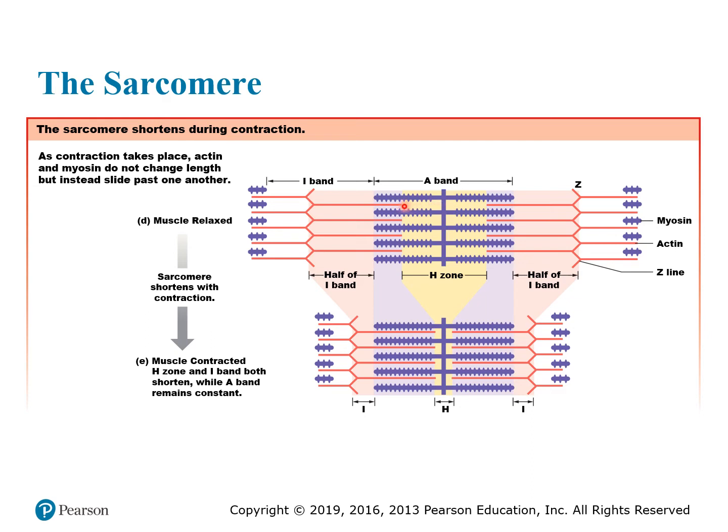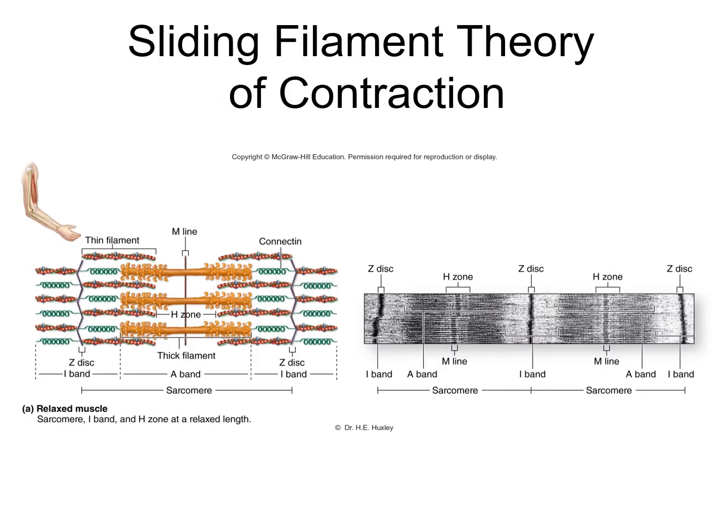So that's why we call it the sliding theory. Right here, this is an image of a relaxed muscle. You can see the H zone right there. Or if you look at this histology image, here is one Z disc and here's another Z disc. So this is one sarcomere right there with the H zone in the middle.